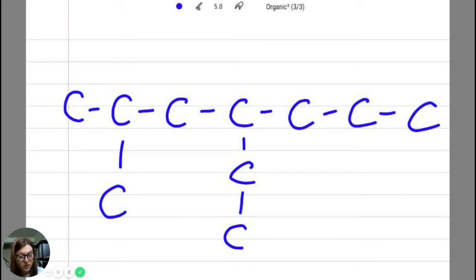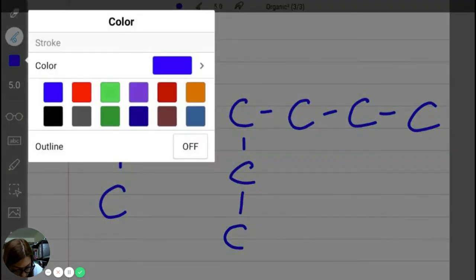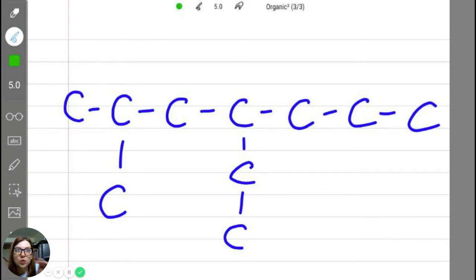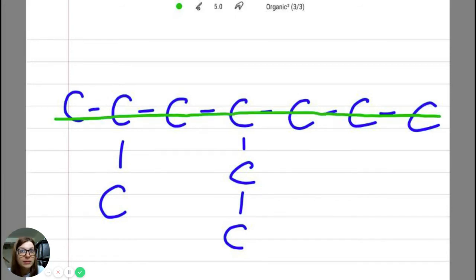Okay, so this right here, we have a crazy thing going on. The very first thing that we need to do is find our longest carbon chain, and there are really 2 paths here. We can take this path just going straight across, and we would find we have 1, 2, 3, 4, 5, 6, 7 carbons going this way in my green line.